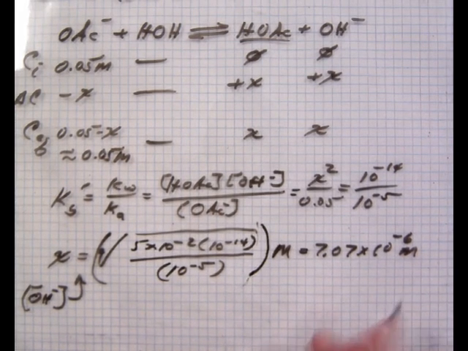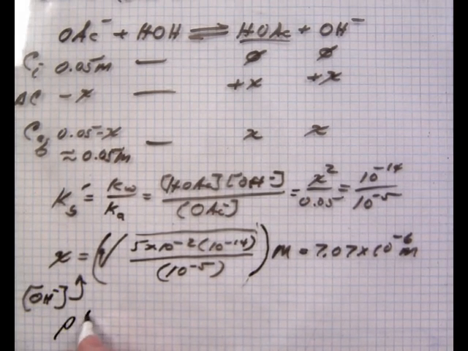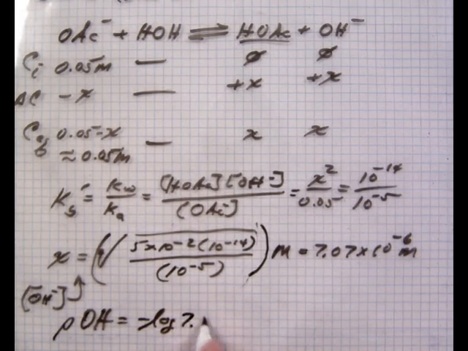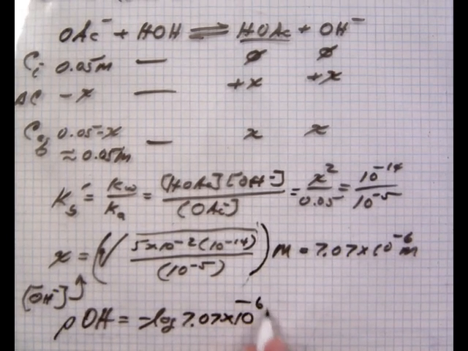All right. And so you're asked to get the pH, or the pOH. If they wanted you to get the pOH, just take the logarithm of it. Okay, so we'll go pOH is minus log of the 7.07 times 10 to the minus 6.